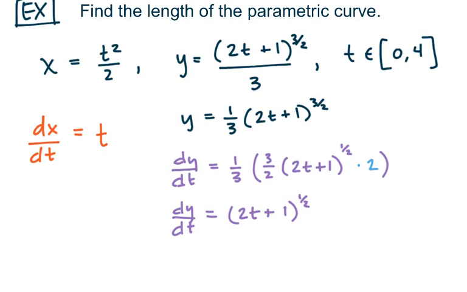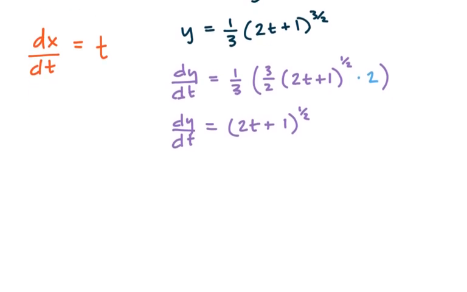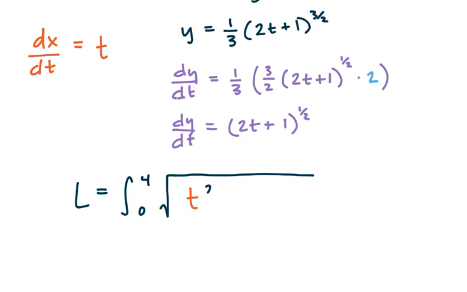So now that I know both of my derivatives, we know that arc length is the integral from a to b, and that would be 0 to 4 of, my integrand is the square root of dx/dt, quantity squared, plus dy/dt, which is (2t plus 1) to the 1/2, and that is squared, differentiating with respect to t.